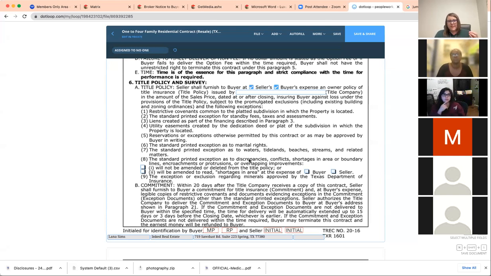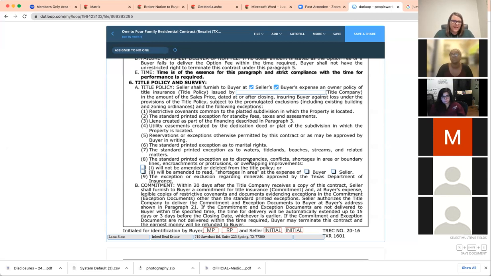This cost is variable as well. I've seen it as cheap as $200. I've seen it as expensive as $1,500. It is based off the purchase price of the property. I don't know the exact math on it. I haven't had a title rep be able to tell me exactly, because again, they just put into their system the property and the contract, and it pops out all these numbers for them.